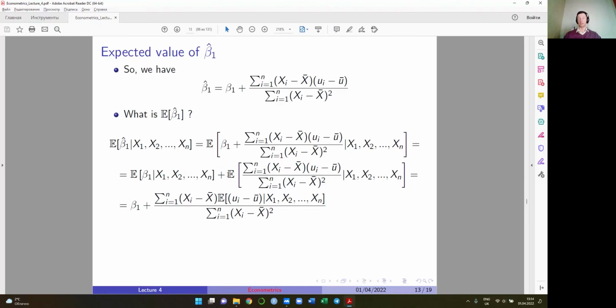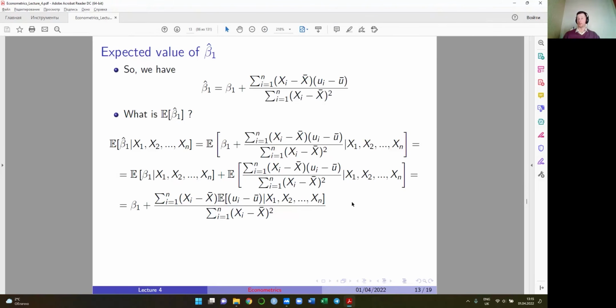There are several steps here, but I decided to make them shorter. I can move this expectation here, and I have the expected value of ui minus u bar given x1 to xn, given the values of x. So how much of the error term I expect given the observed values of x1, x2, and so on.